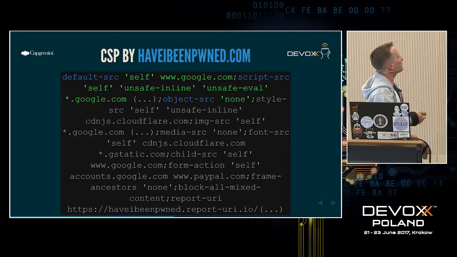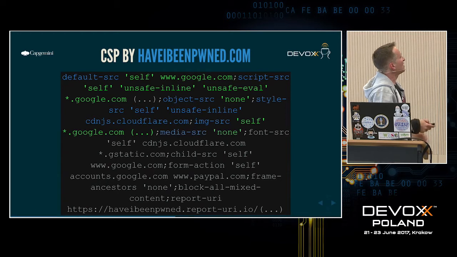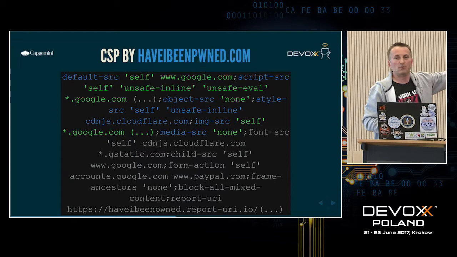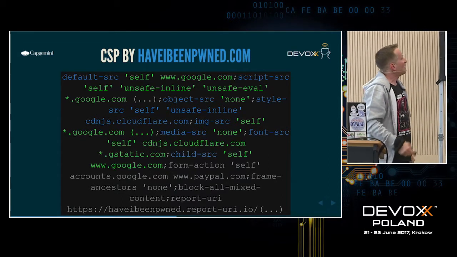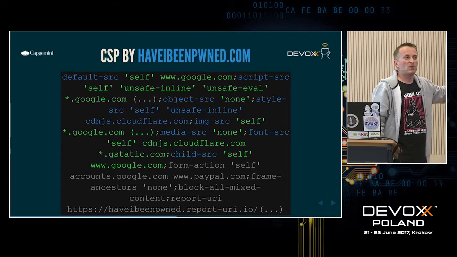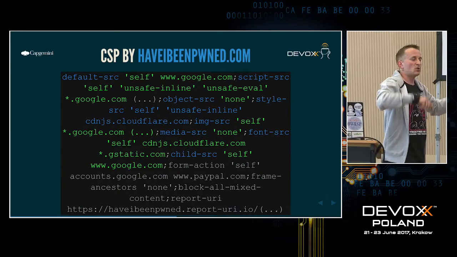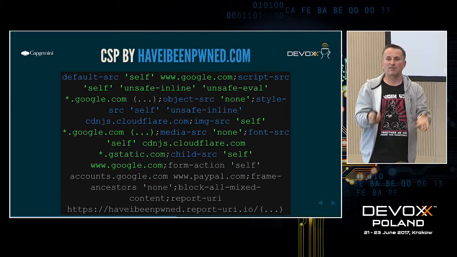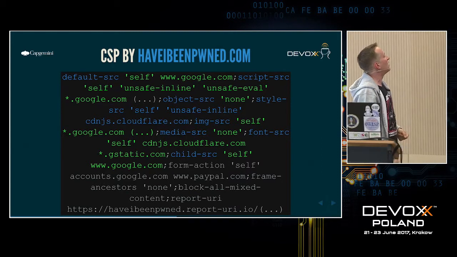Objects, like the object tag, styles, images, media, like music or movies, are known, so they cannot be executed. Fonts, child source. Child source is the opposite of X-frame options. You define which domains can appear on this page in an iframe, and what you see here, some of the domains are allowed to do it.